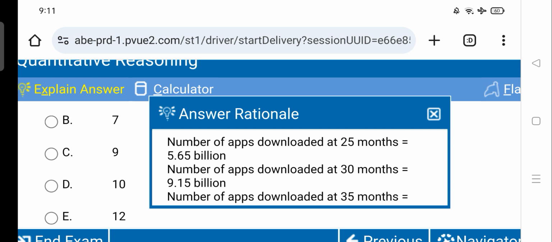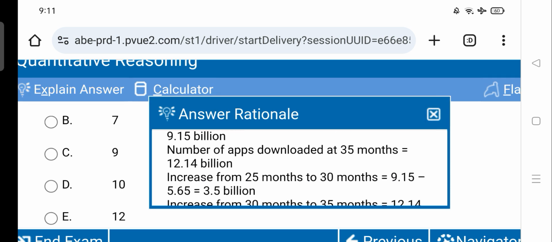Number of apps downloaded at 30 months equals 9.15 billion. Number of apps downloaded at 35 months equals 12.14 billion.